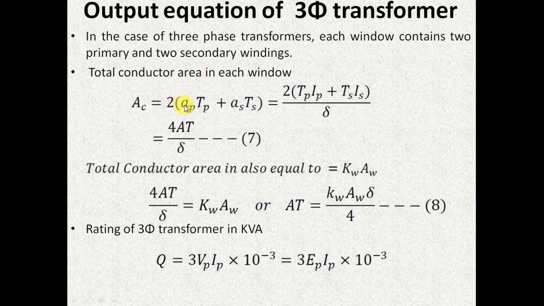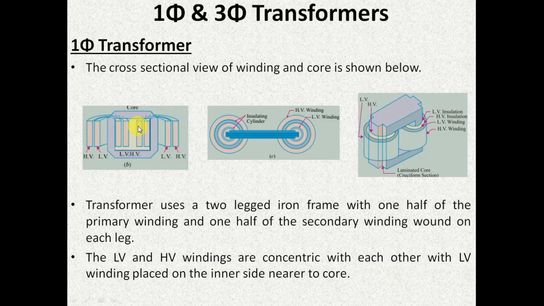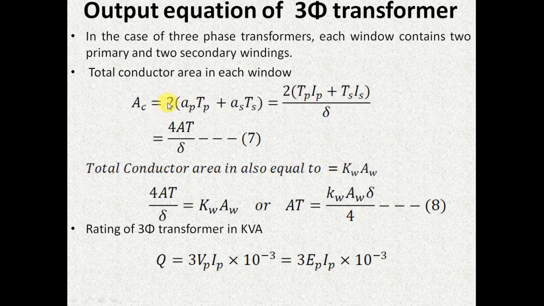In the single phase relation, this 2 was not there. This was because the window consists of only the primary and secondary windings of a single phase. So this 2 makes a significant difference in the procedure of obtaining the output equation of the three-phase transformer compared with that of the single-phase transformer.